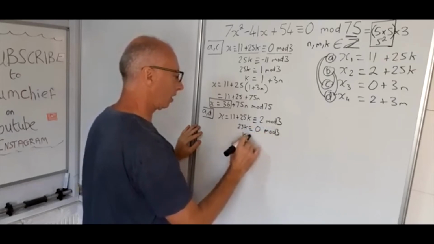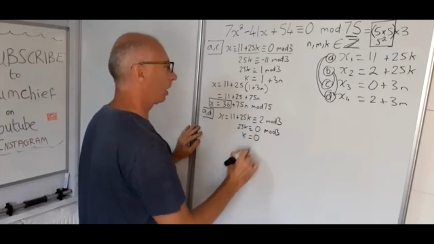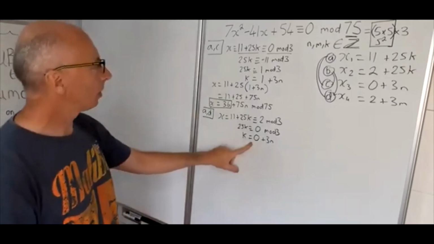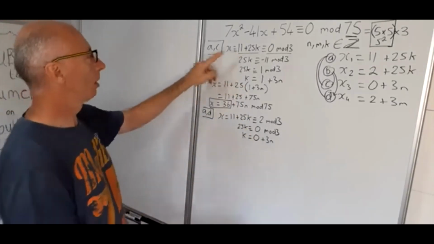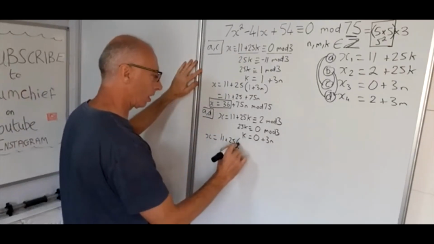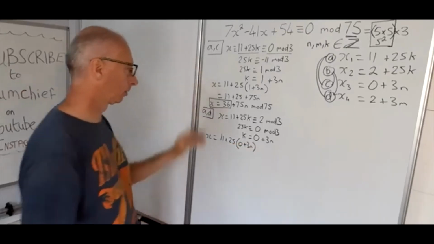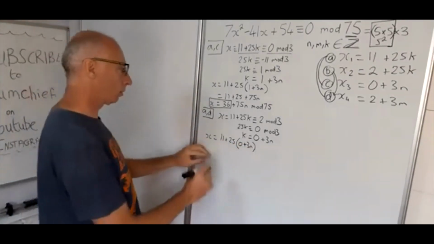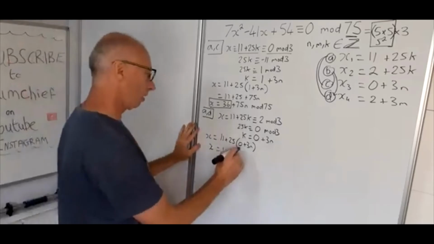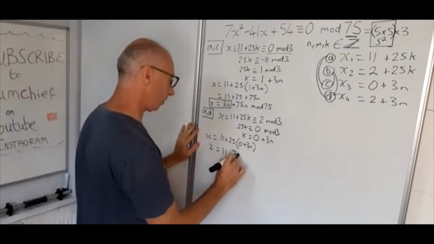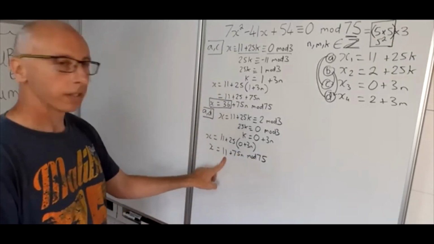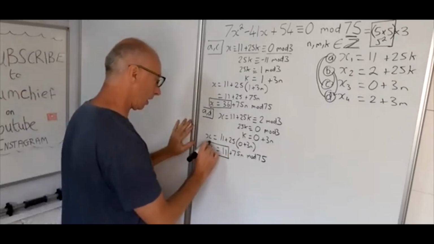So therefore k equals 0 plus 3n. Now we're going to factor this k into our original part. So now x equals 11 plus 25 times 0 plus 3n. So x equals 11, 25 times 0 is 0, plus 25 times 3n, that's plus 75n, and that is modulo 75. So there we go, we've got a second solution here. X is now 11.